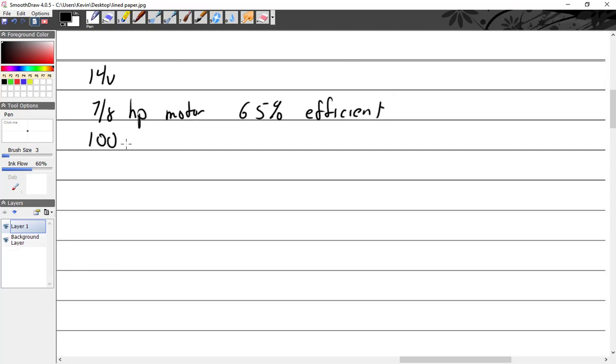I have a 100 watt landing light and a 2 ohm something. 2 ohm thing. I don't know what.